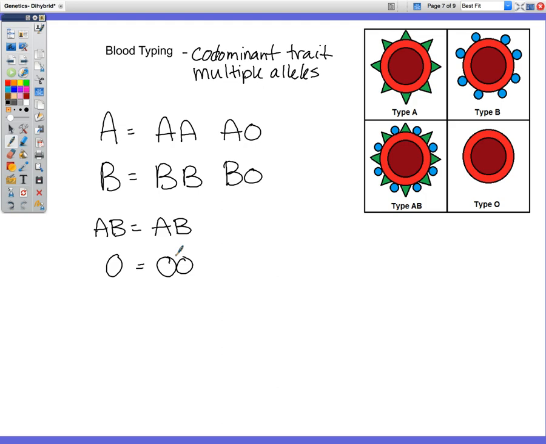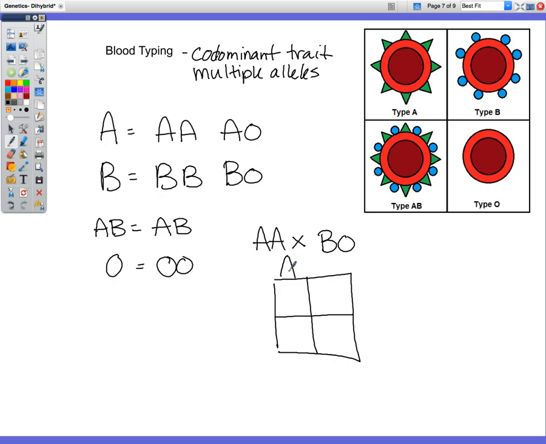So if we did some Punnett squares, let's say we have a mom who is A, and we know she's homozygous A, and we're going to cross her with a heterozygous B blood. So we would do our Punnett square. We know mom is AA, we know dad is BO.